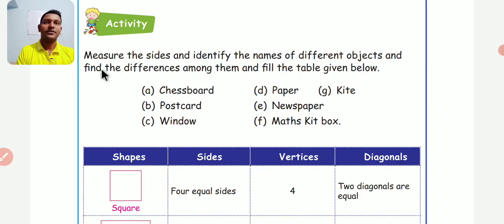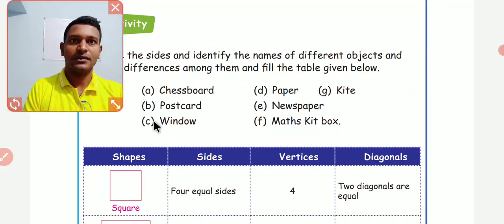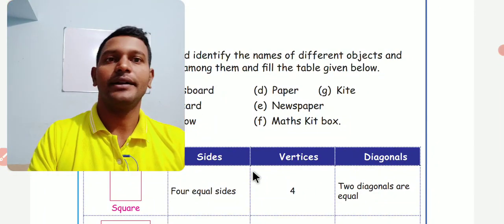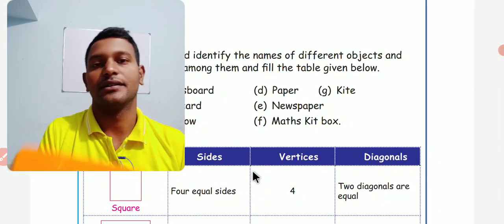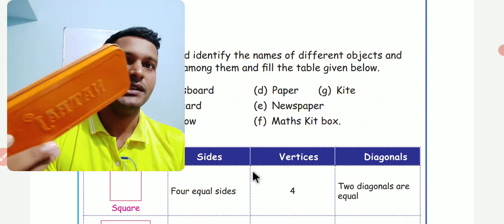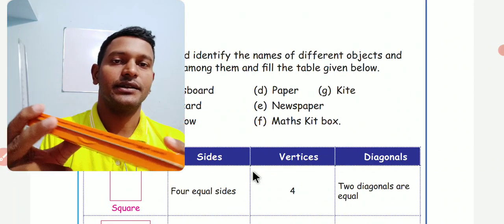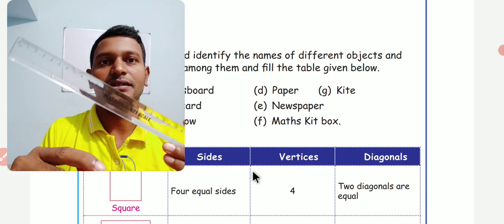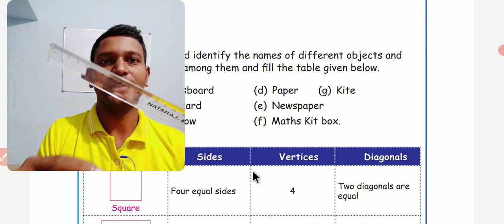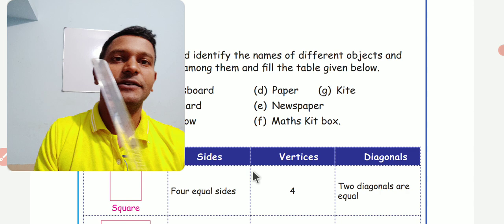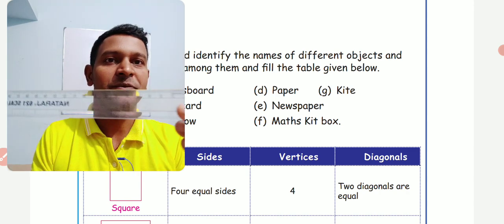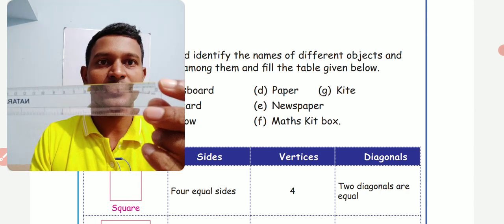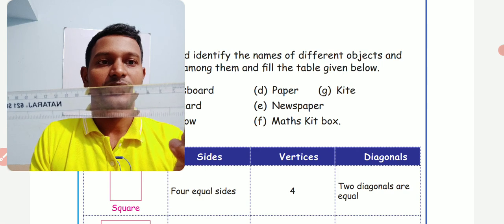For example, I am having the geometry box. Now I am going to measure its length and breadth by using this ruler. Ruler is nothing but scale. In the scale you have the starting point 0, and from 0 you have to measure.